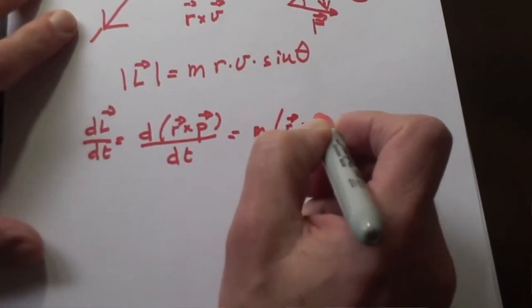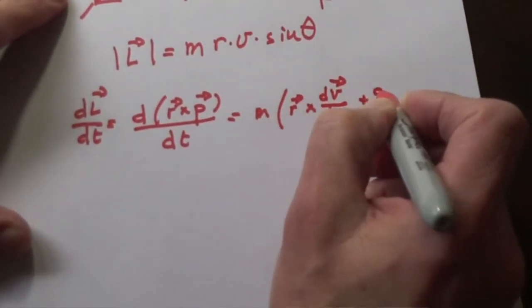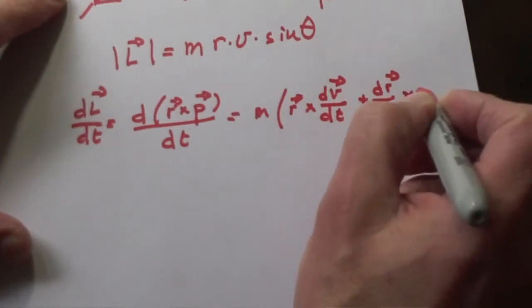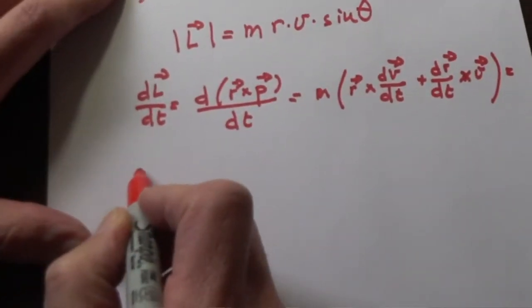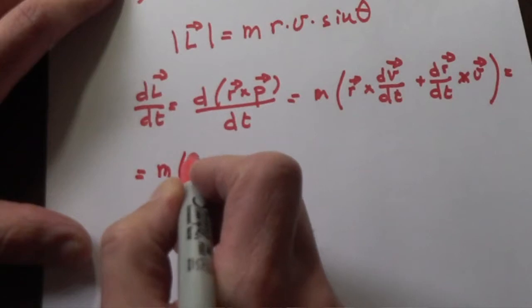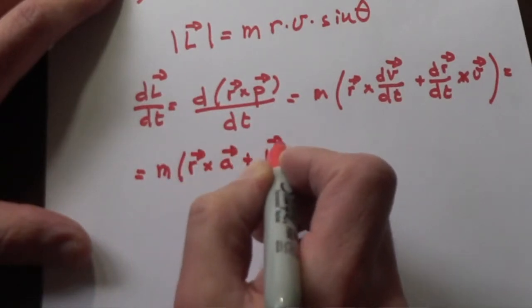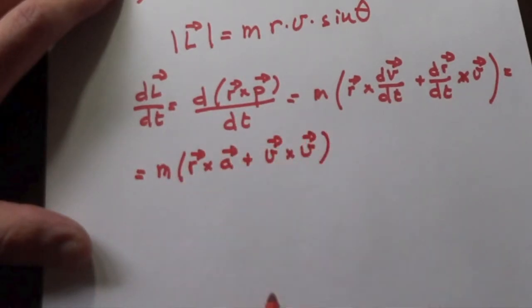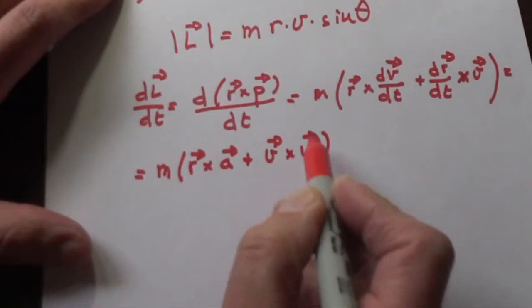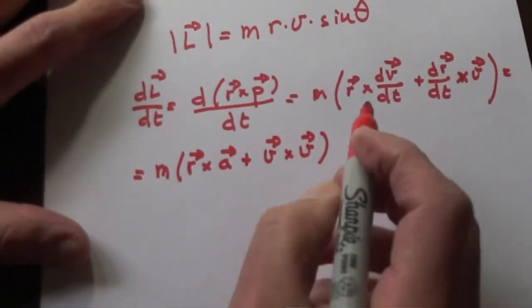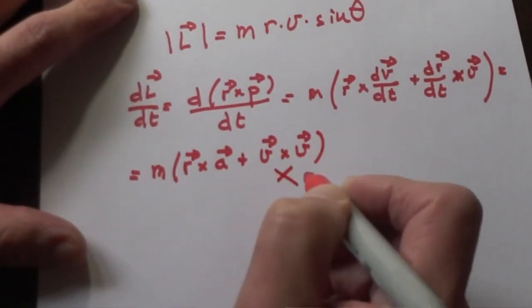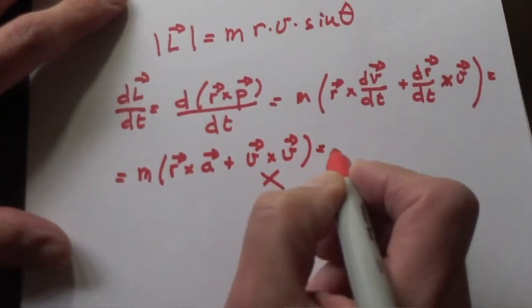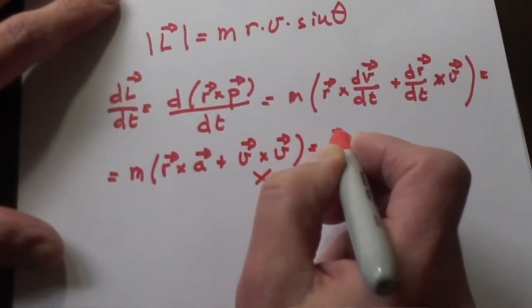dL over dt is equal to m r cross product dv/dt plus dr/dt cross product v. Because dv/dt is the acceleration, we can substitute this, and also as dr/dt is the velocity, we also substitute this. We end up with dL/dt equal to m r cross a plus v cross v. But this latter term is the cross product of two vectors that are parallel. This term is 0, and we get the simplified result that dL/dt is equal to m r cross product a.